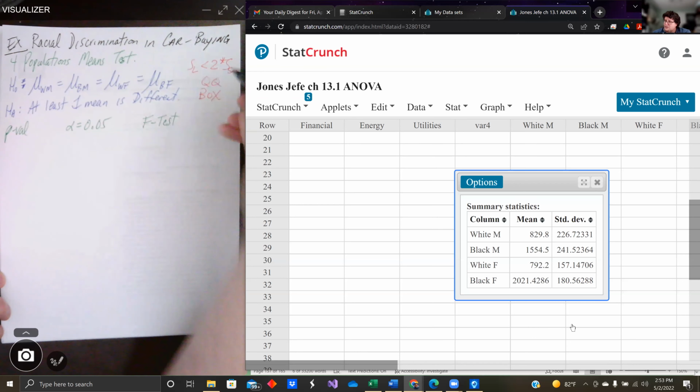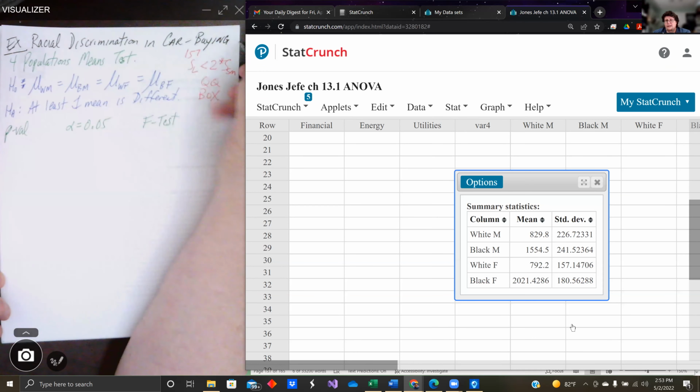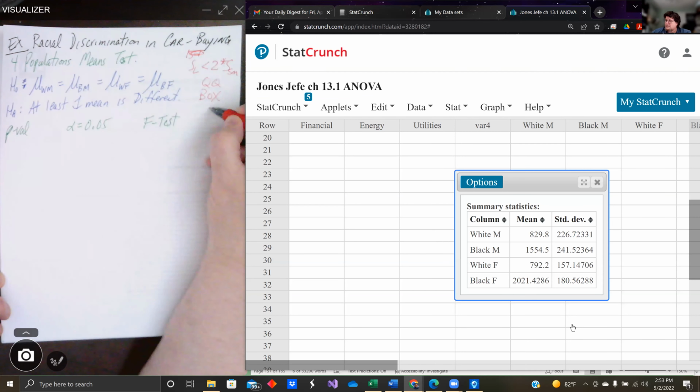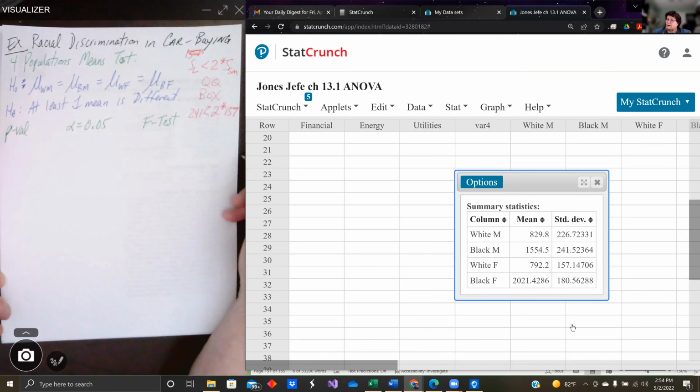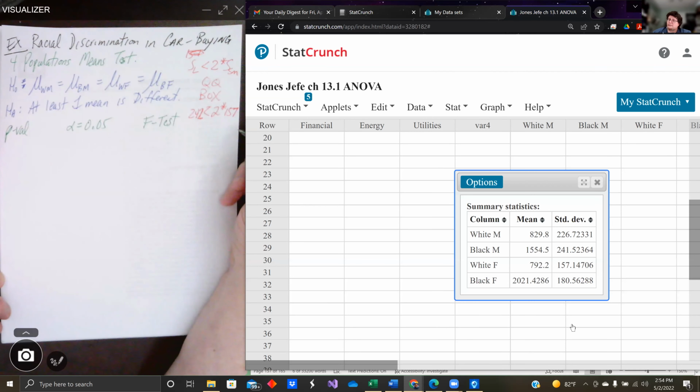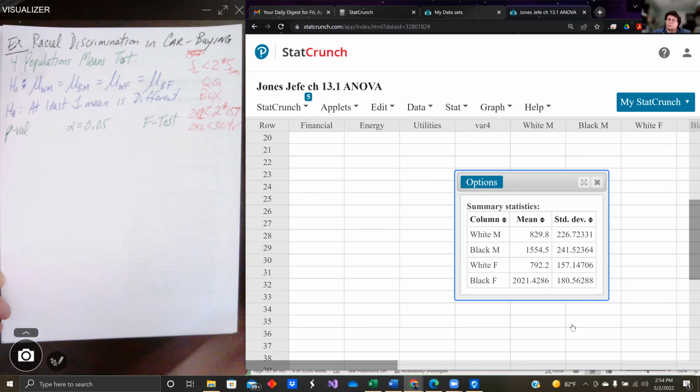Our smallest is 157. I'm sorry, that goes over here. That's on the right. We need 2 times 157. Is that more than the largest standard deviation at 241? Well, 242 if I round appropriately. 2 times 157 is 304. So 242 is less than 304. That's correct. That'll work.